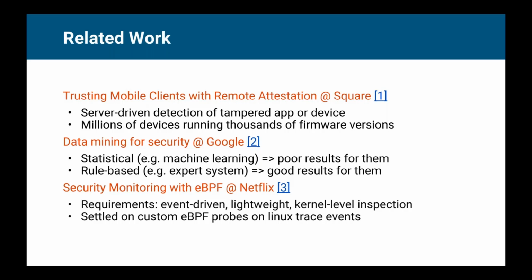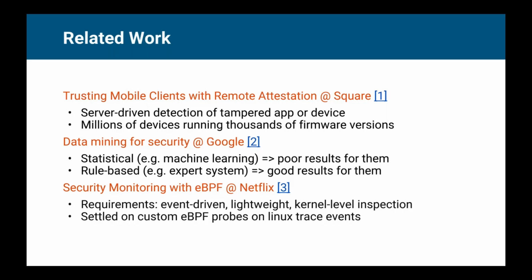Their requirements were that they needed to be event-driven. They needed to push the data for analysis rather than pull it from all the systems, especially because when you're scaling up and down, it's very difficult to keep a consistent list of the servers that are available. They needed to be lightweight and not interfere with the workload.